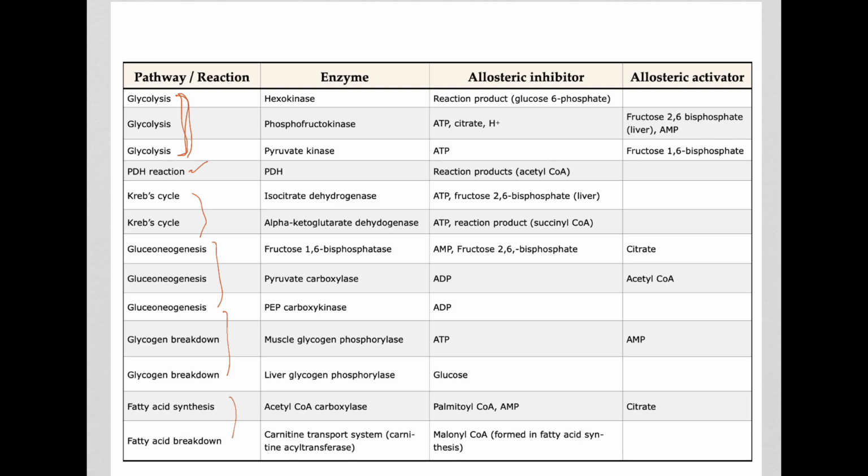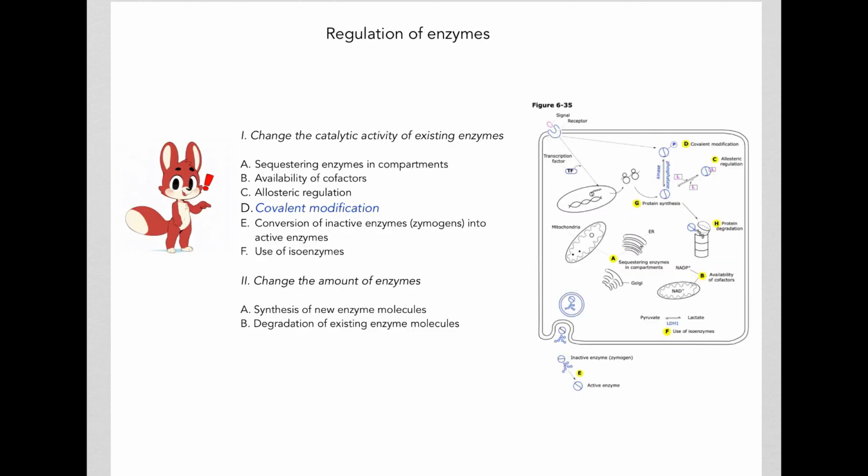And we shall look at these examples when we talk about regulation of metabolism after the postprandial state, as well as during starvation in future videos. In the next video, we shall discuss covalent modification, another very common way to regulate enzymes.